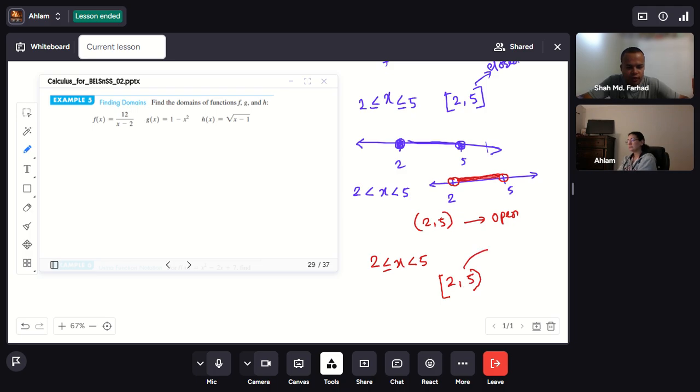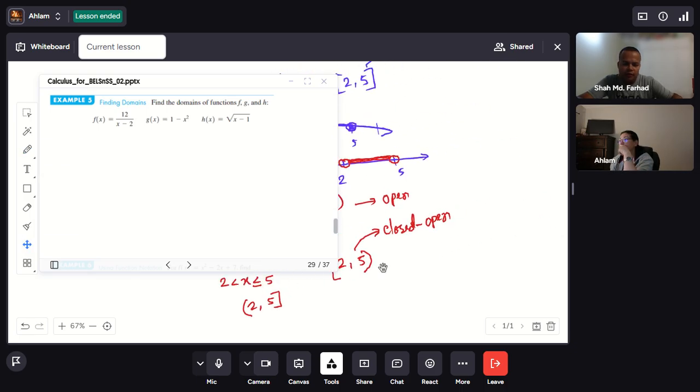So it is called a closed-open interval. And if 5 is closed and 2 is open, that is called an open-closed interval.